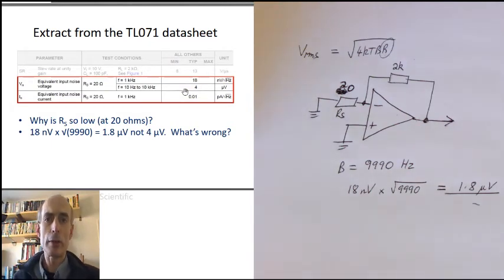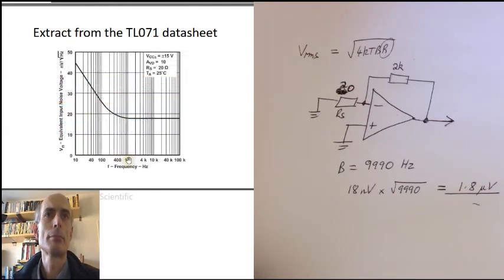Well, what's wrong is that the noise that we're getting from the op-amp is not white. This is an excerpt from the datasheet, a graph provided, and you'll see that whereas above 10 kHz, the noise is effectively independent of frequency, below 10 kHz, and certainly below 1 kHz, the noise is not independent of frequency. We have quite a lot of 1 over f noise which has a lot more power at low frequencies.